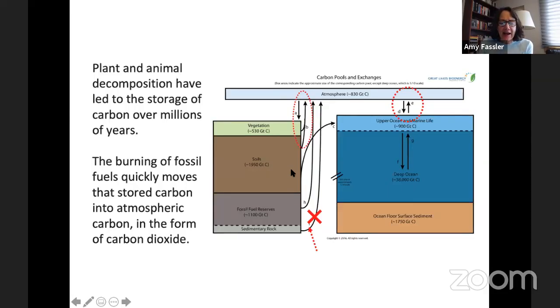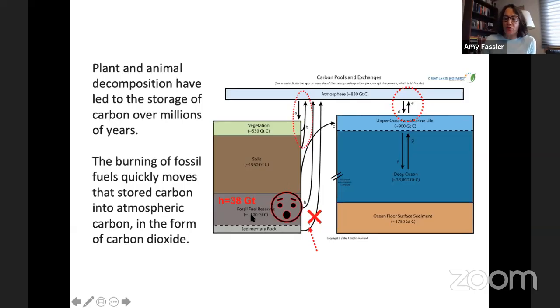The only other thing I have here then is letter H, from fossil fuels to the atmosphere. What I want you to understand is that, again, we don't care about this arrow. Of the arrows that are going to the atmosphere, the fossil fuel arrow has nothing that balances it and takes that CO2 back out of the atmosphere. Remember that plant and animal decomposition have led to a lot of storage over hundreds of millions of years.